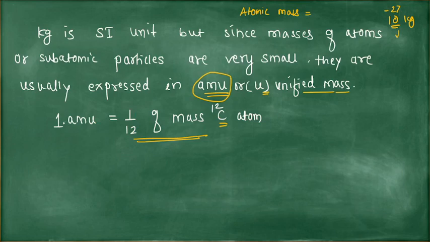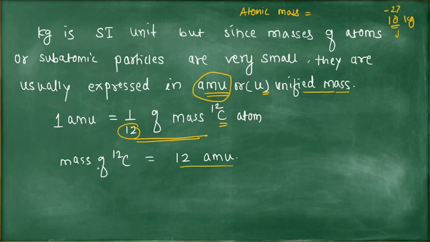So can you calculate 1 AMU in terms of kilogram or gram? See this, mass of C12 is 12 AMU. Transfer this to the left hand side. So 12 AMU is equal to the mass of a C12 atom, the one atom.